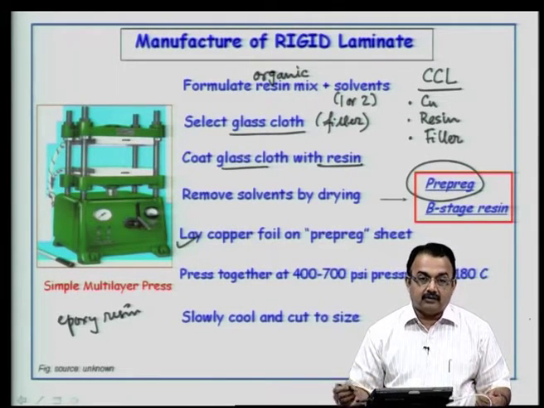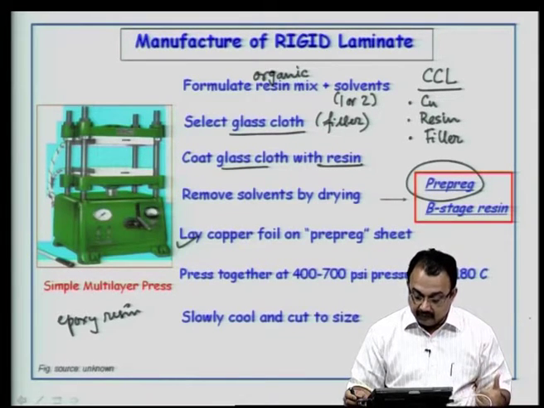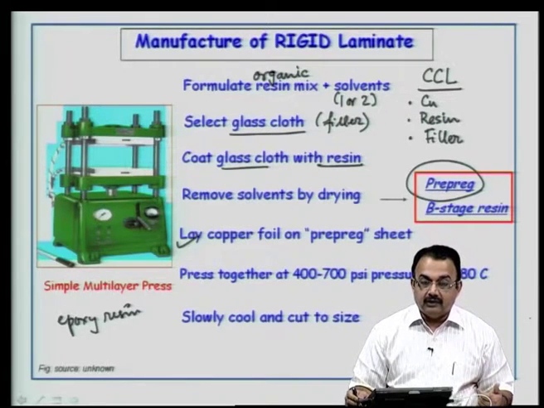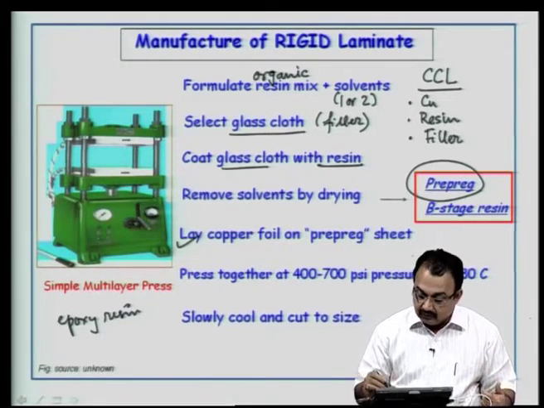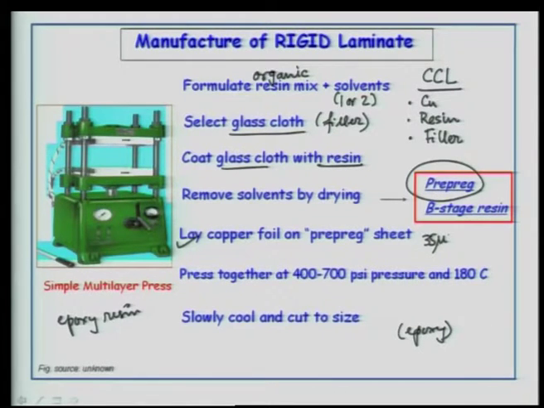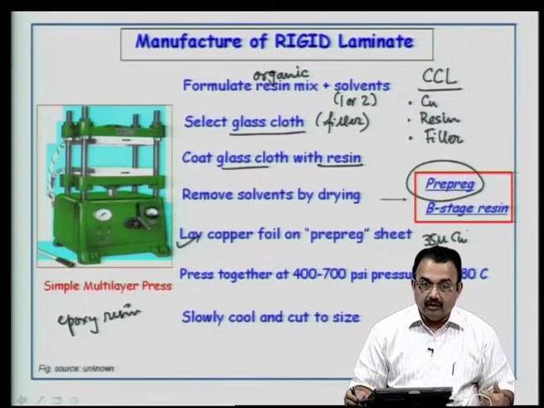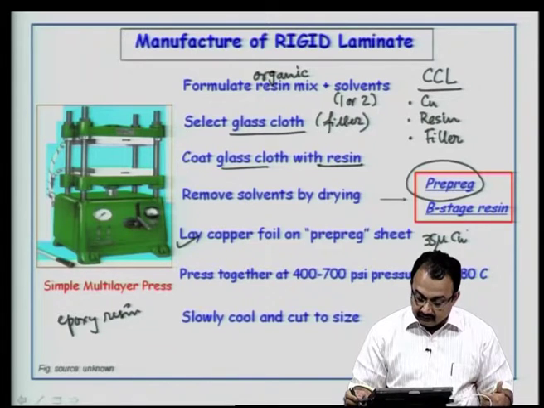The pre-preg thickness could be 200 microns or 300 microns, 400, 500 depending upon the requirement, and then the copper foil thickness again is dependent on the various requirements in the market. So, assume that you are going to use a 35 micron copper foil on both sides, then suitably you can take copper foil and bond with the pre-preg sheets that has just been defined as a pre-preg or a B stage resin.